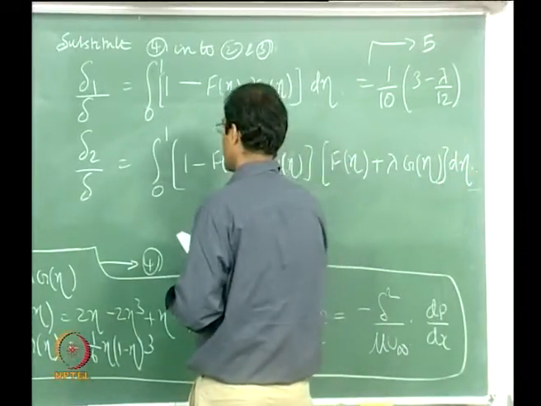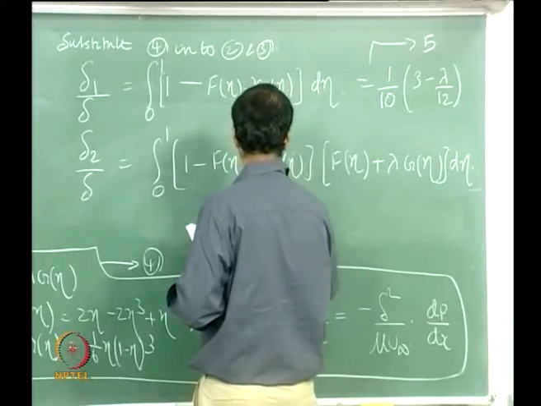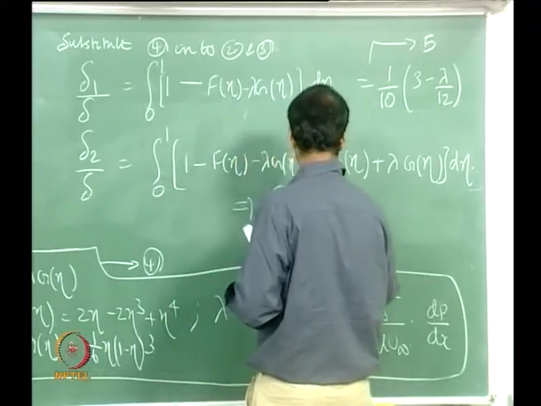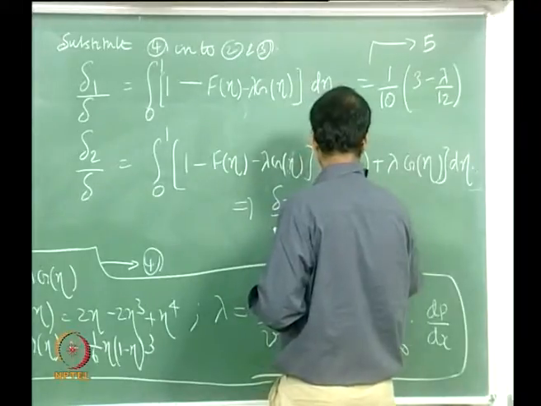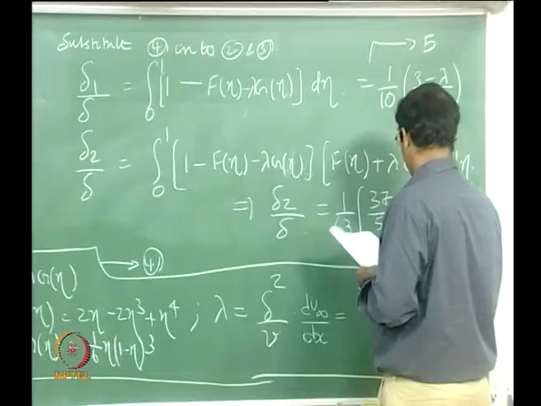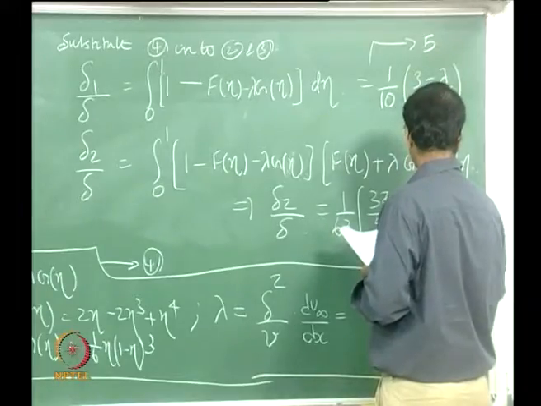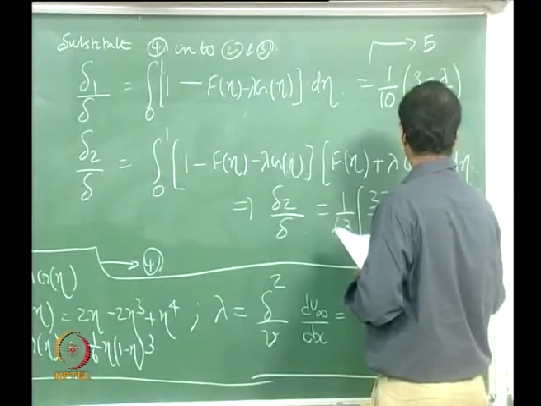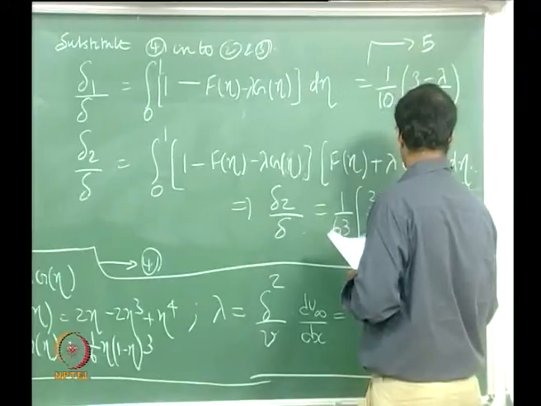So if you integrate it out, this gives delta 2 by delta as 1 by 63 into 37 by 5 minus lambda by 15 minus lambda square by 144. So this I will call as equation number 6.